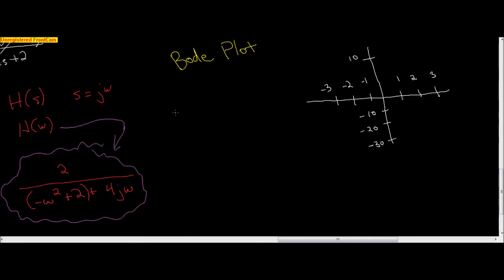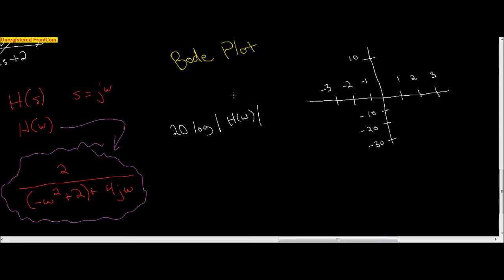Now, for the unfortunate souls who do not have a TI-89, we actually have to plot the Bode plot. If you have a TI-89, you can just plot this based off your transfer function, and you're good to go. But everyone else, we need to calculate 20 log of the magnitude of H of omega.